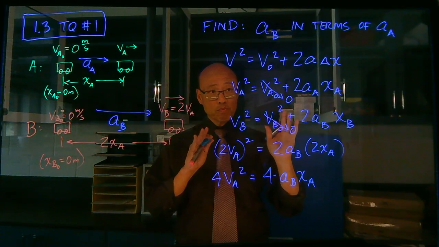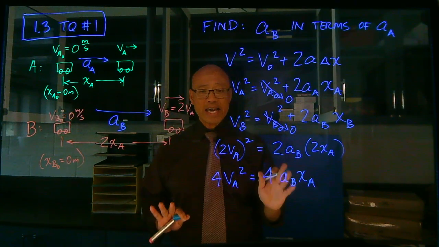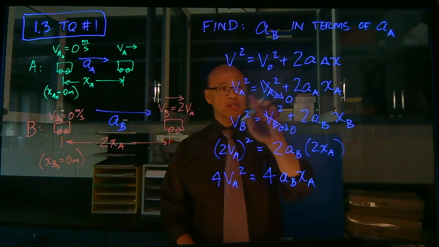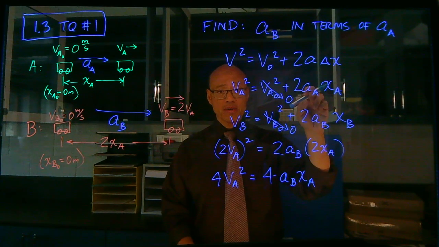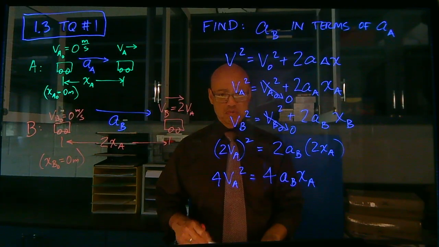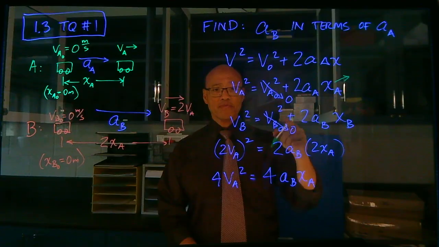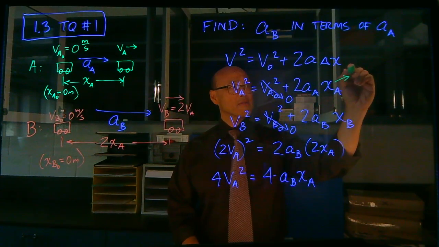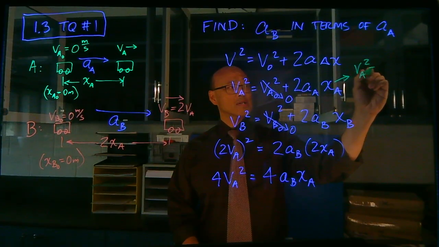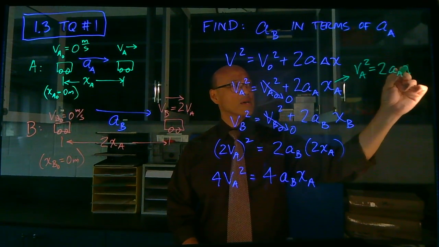It may not be obvious to you yet that you have AA written out, because the only place I have AA right now in my work is up here. So let's see what happens if we play with this guy. If you do a little algebra, okay, this is a 0. So I get VA squared has to equal 2AA XA.